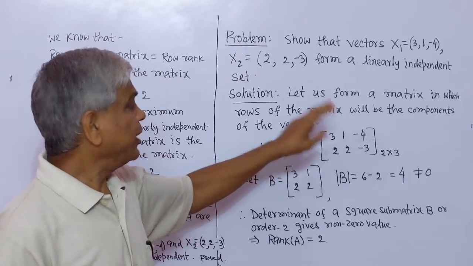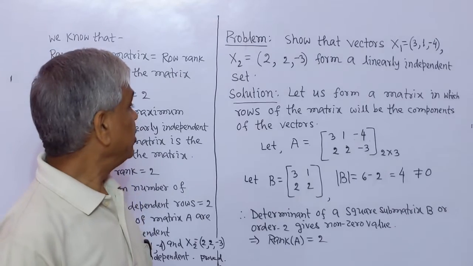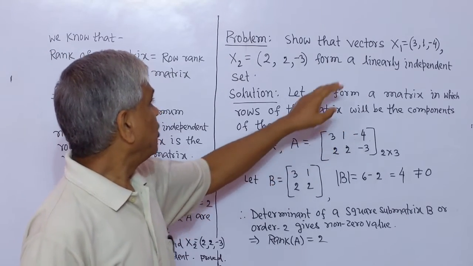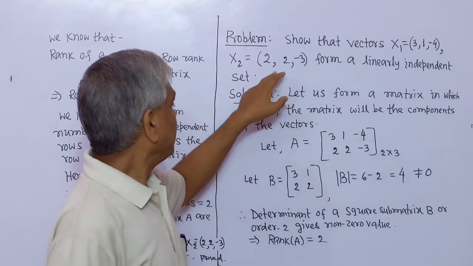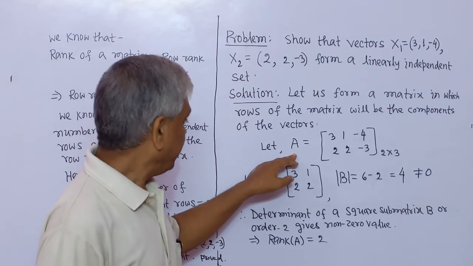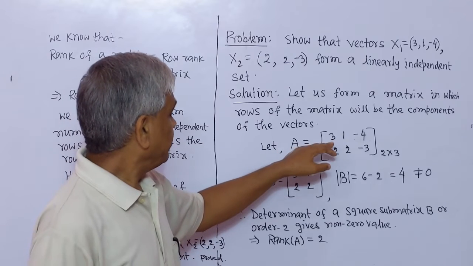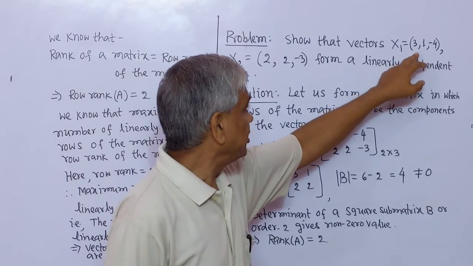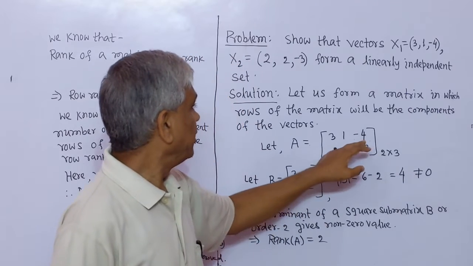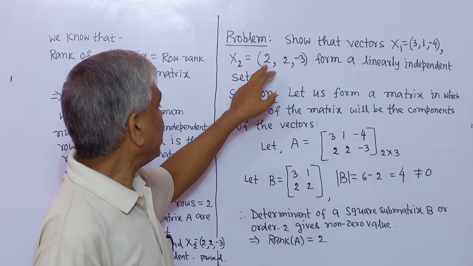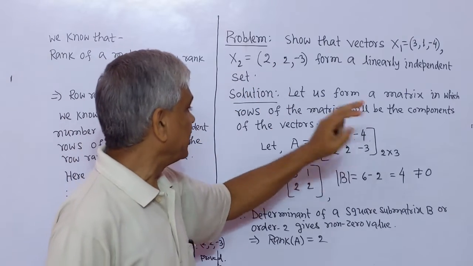Let us form a matrix in which the rows of the matrix will be the components of the vectors. Let A be the matrix, the first row being the components of the first vector 3, 1, -4 and the second row being the components of the second vector 2, 2, -3.